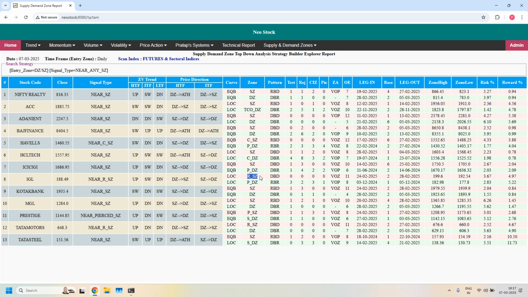IGL is having a daily high liquidity supply zone. Tata Motors is having a daily high liquidity supply zone. That's it. We identified 3 high liquidity daily supply zones from this list.